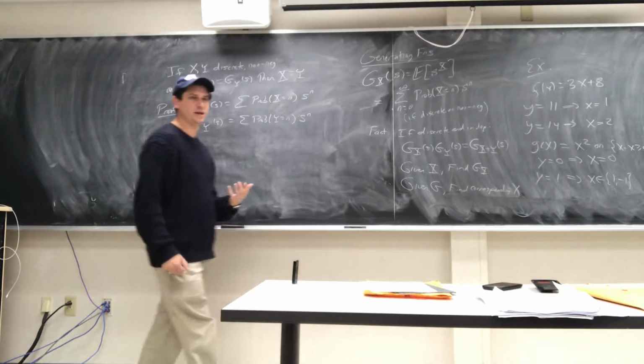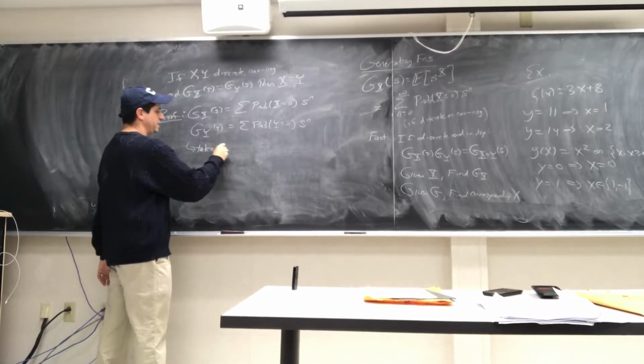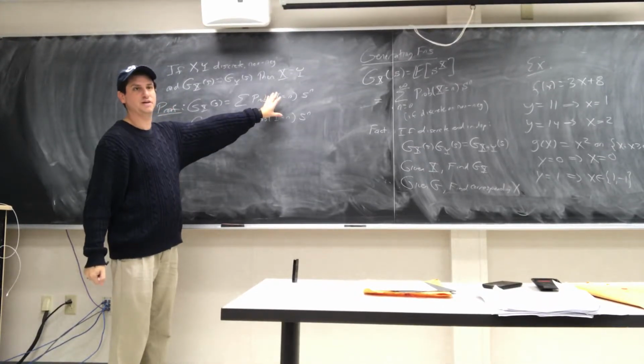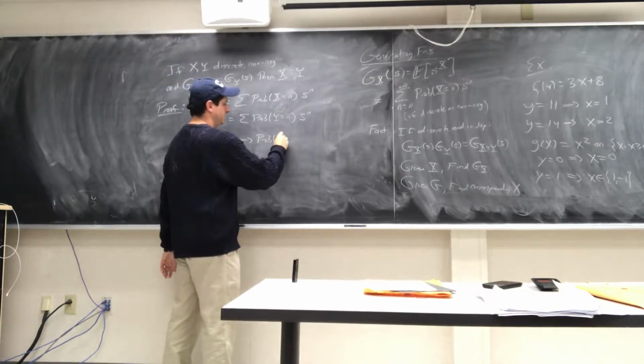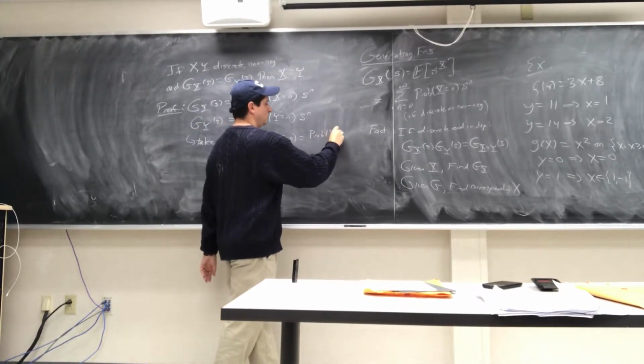So if you feel a little bit uncomfortable with that, take s equals 0. When you take s equals 0, only the first terms survive. And that implies the probability X equals 0 is the probability Y equals 0.